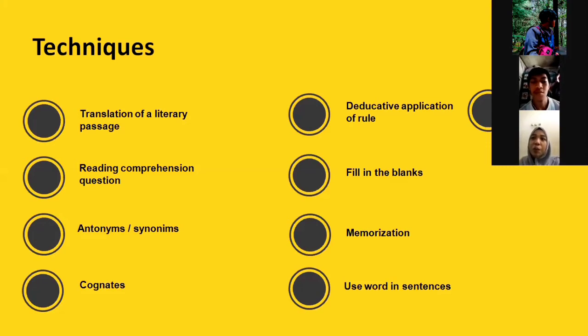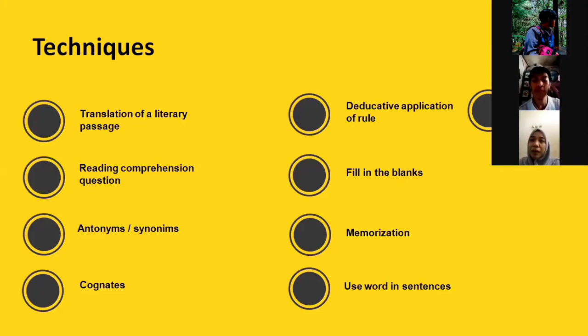In reading comprehension questions, the students are required to find information in a passage, like making inferences and relating to personal experience. And the next is antonyms or synonyms.